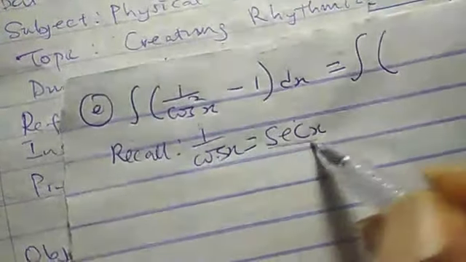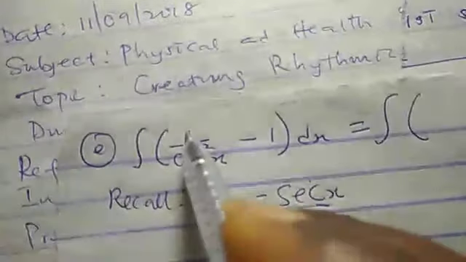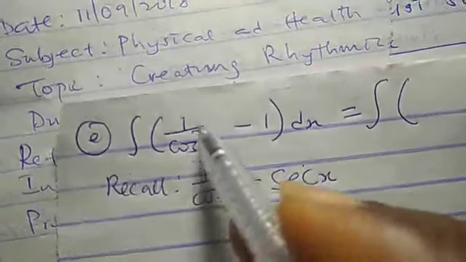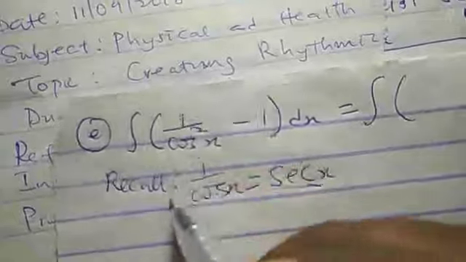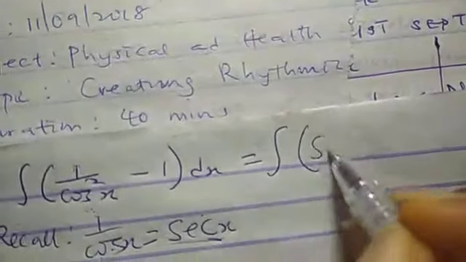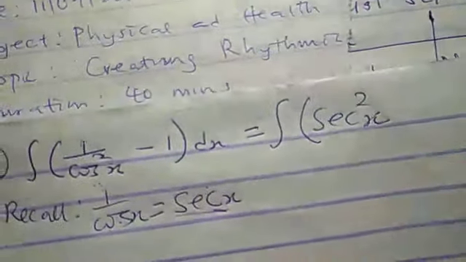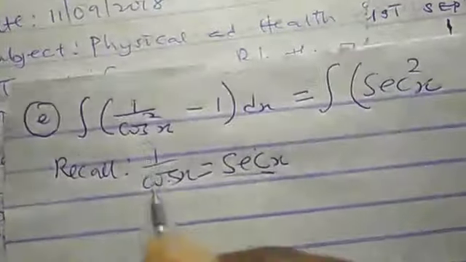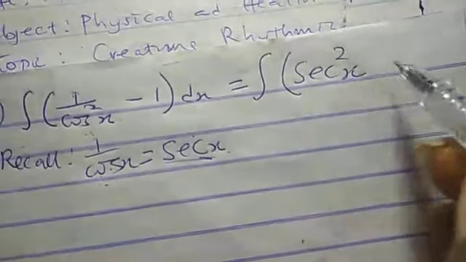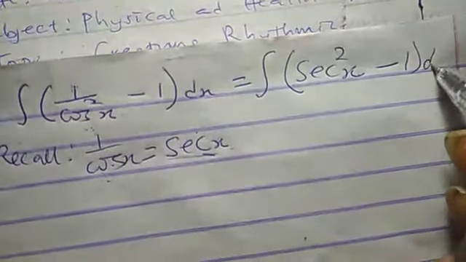Reciprocal of cos, we name it to be sec x. You can see that here it is reciprocal of cos squared, so I will name it sec squared because reciprocal of cos is sec. In that case, reciprocal of cos square, we name it to be sec squared minus 1.